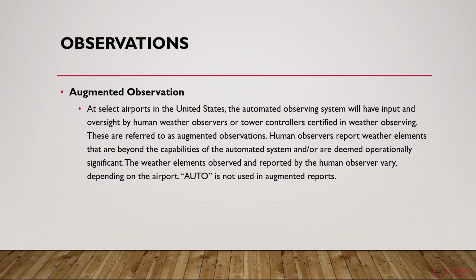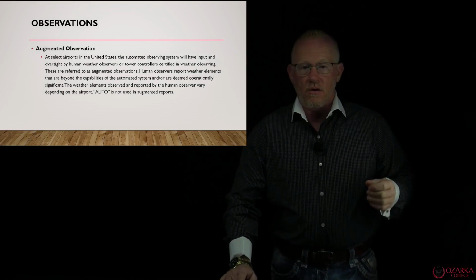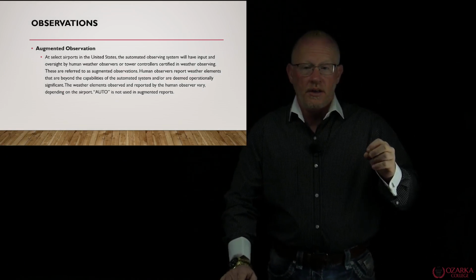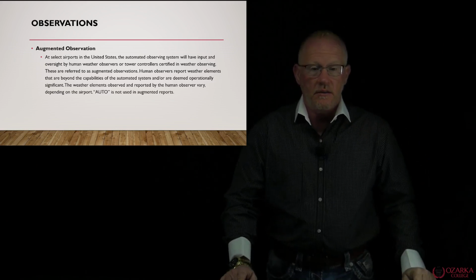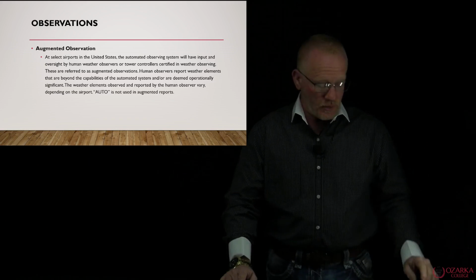The weather elements observed and reported by human observers vary depending on the report. AUTO is not used in an augmented report. So if you ever get a METAR or something like that, if it's augmented, it will not have the word AUTO in the typed out version, okay?